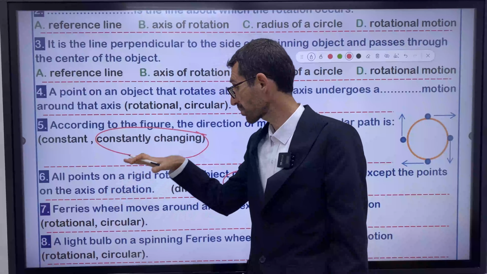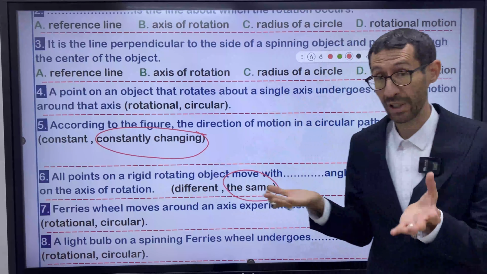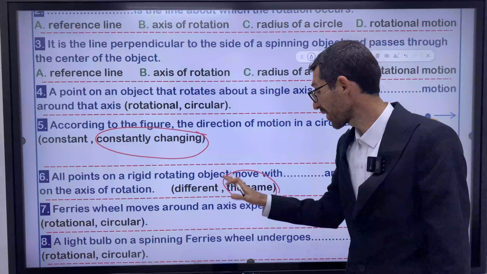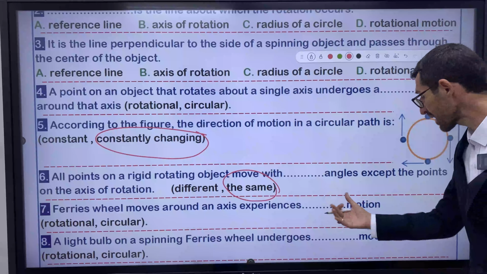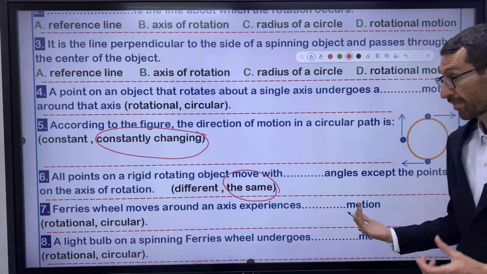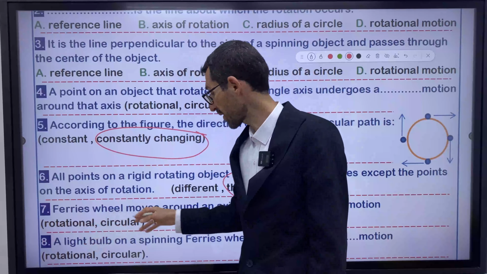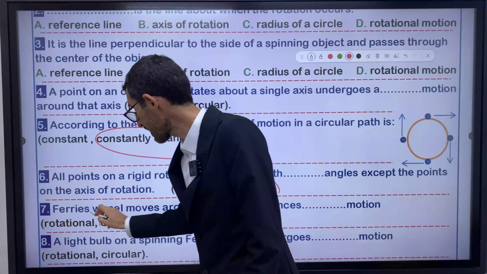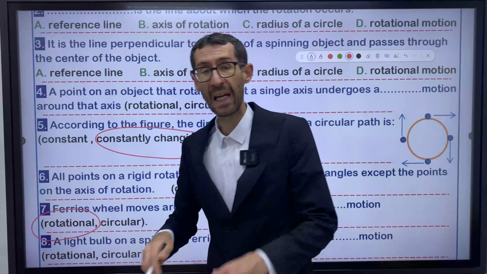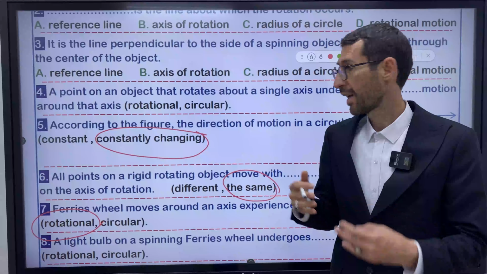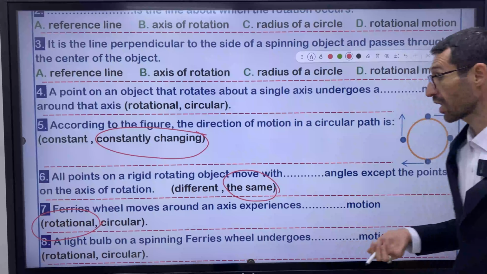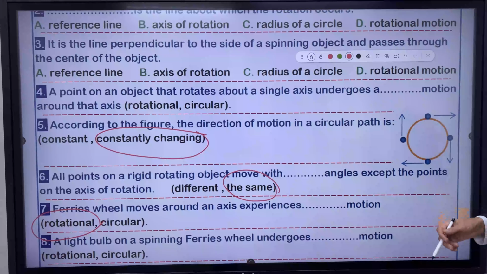It says, the Ferris wheel thoroughly moves around an axis, experiences which type of motion? Fill the gap for me. Does it experience rotational or circular? Because it says the entire Ferris wheel, the answer will be rotational, not circular motion.